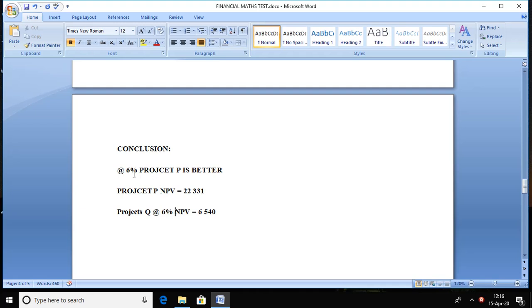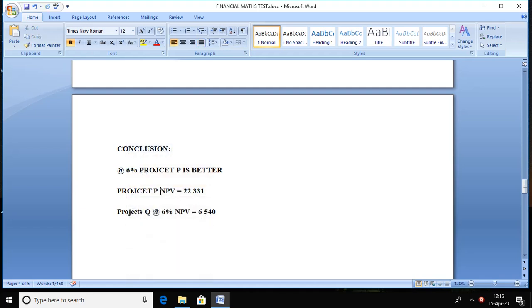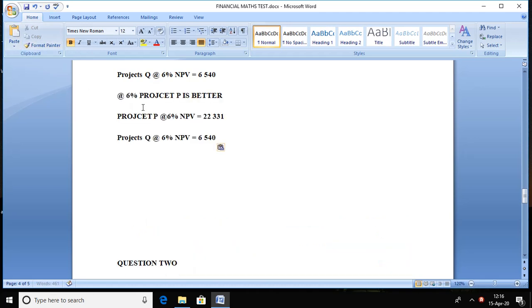So project Q at 6%, NPV is that. Project P at 6%, NPV is that. So P is better. Now at 8%, it's actually project Q that has a lesser loss.